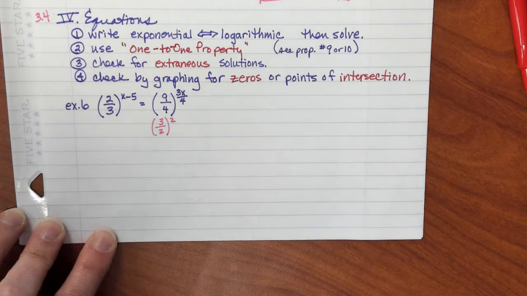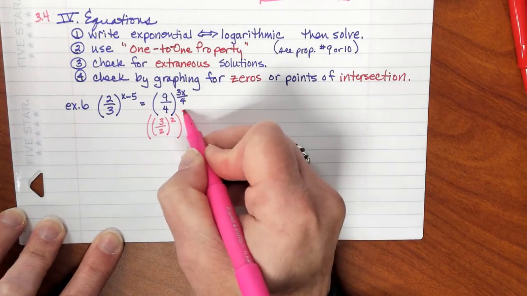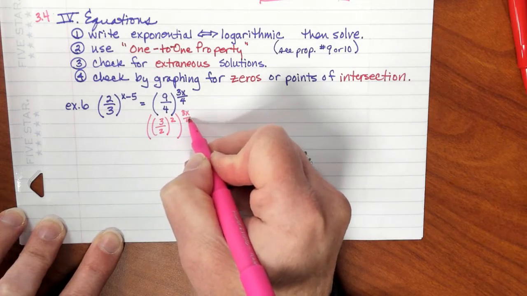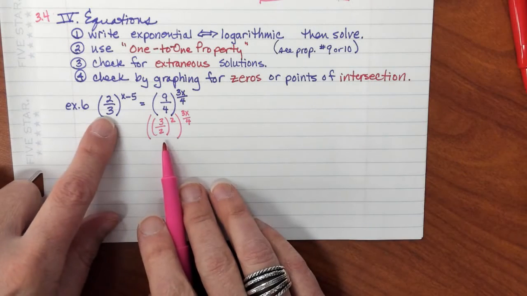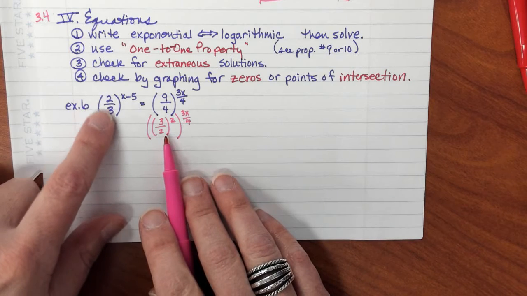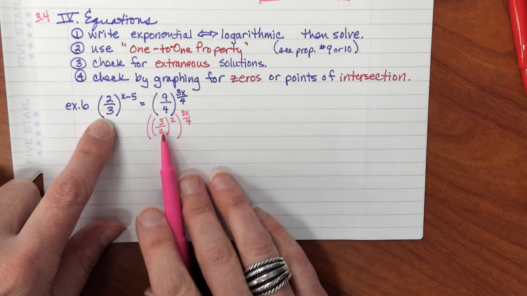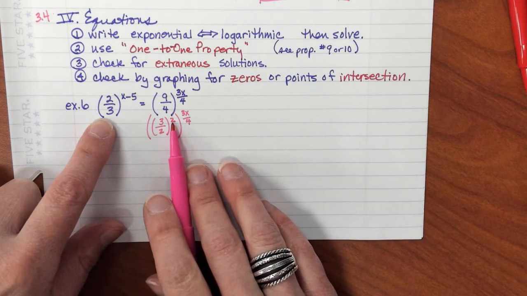I'm going to stop right here and look to see where I want to go. I want to make both bases the same. I want 2/3 to be my base here. So if I invert that, then I change my exponent to be -2.